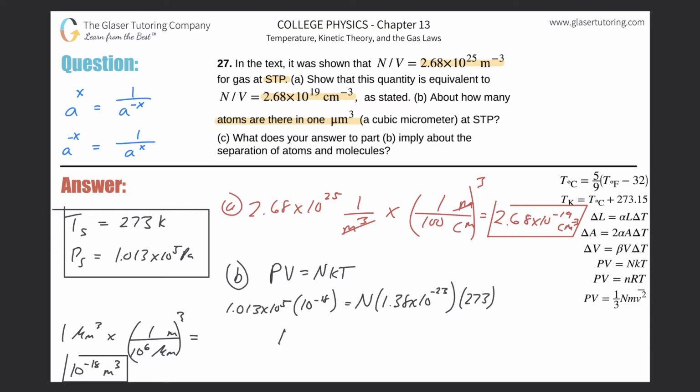Like I said, take a look at the link below for that general video. So N is 1.013 times 10 to the 5th times 10 to the negative 18th, divided by 1.38 times 10 to the negative 23 and multiplied by 273. And here we go. We have about 2.69 times 10 to the 7.